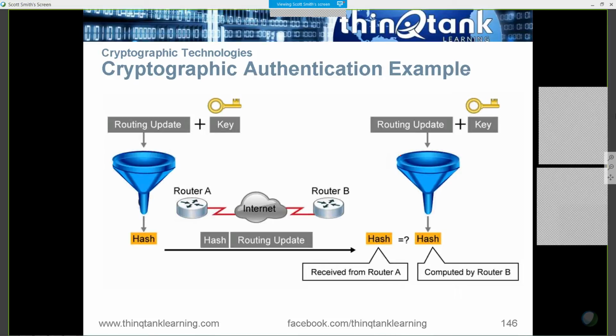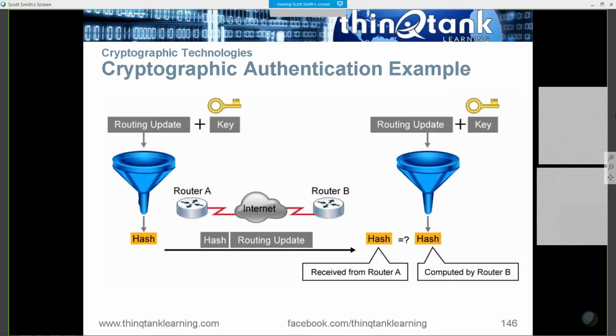Routing protocols use this method for authentication. EIGRP and OSPF use this type of method. You take the routing update, and there's a shared secret key that you configure as an administrator that goes into the hashing function. We send the hash along with the routing update in plaintext.